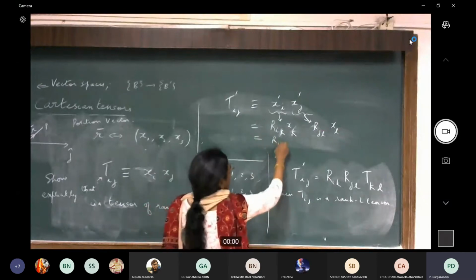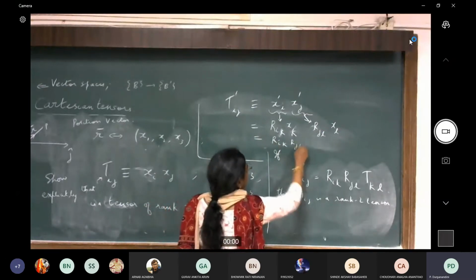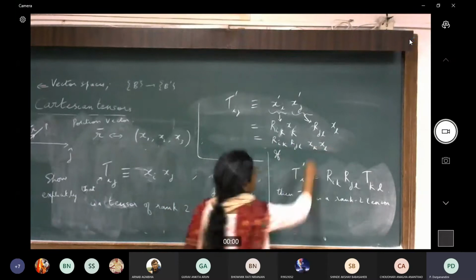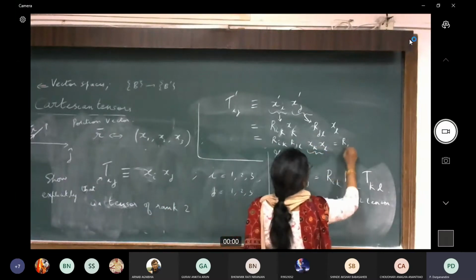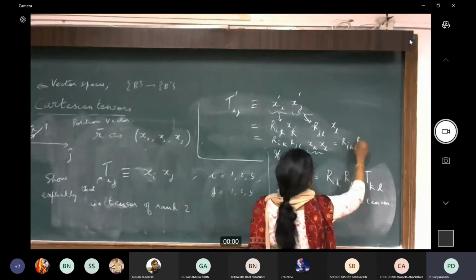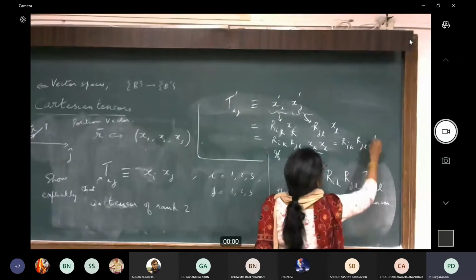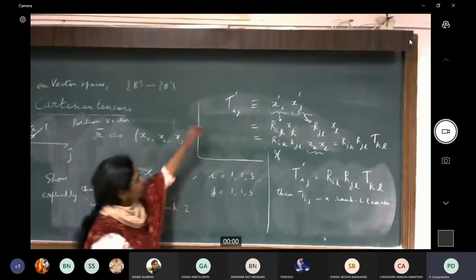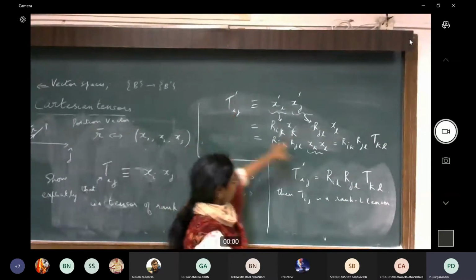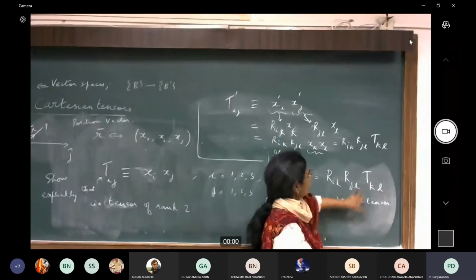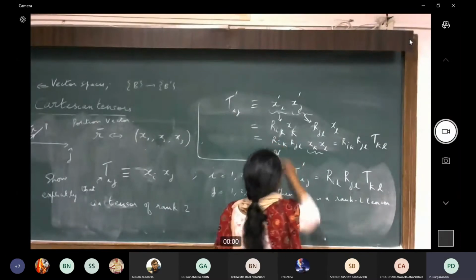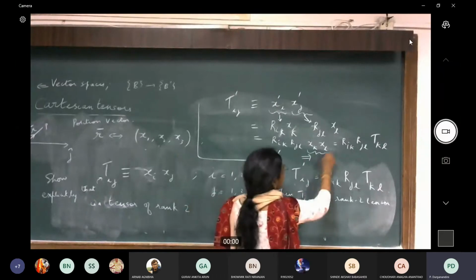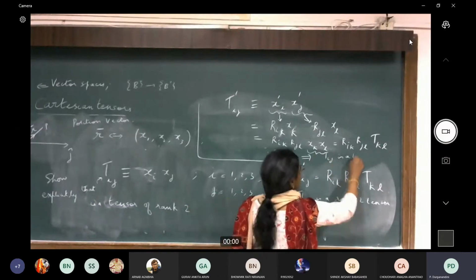And then this is equal to Rik Rjl xk xl. But what is xk xl? By definition, this is nothing but Tkl. In other words, therefore, what we have shown is that T prime ij equals Rik Rjl Tkl. So I have shown this. Therefore, this implies that Tij is a tensor of rank 2.